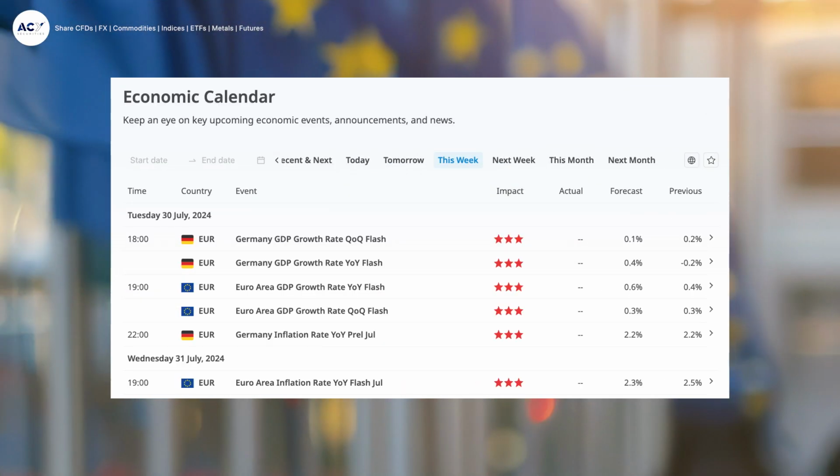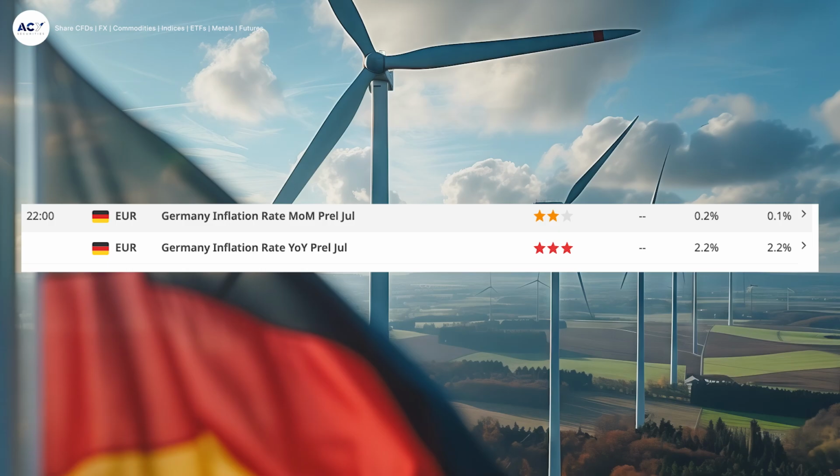The GDP for Eurozone is expecting the year-over-year to be a bit better than the previous, but the quarter two is expected to be a little bit below the previous. And for the German CPI, we're expecting 0.3% from the previous of 0.1% month over month, and no changes year over year. What are my expectations?